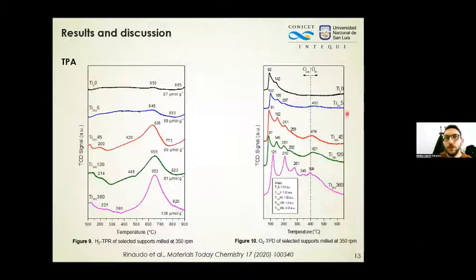We could observe an improved oxygen diffusion and mobility, which in our particular case could have a major role in oxidation reactions, because we need this mobility of the oxygen and a good reducibility to perform this redox cycle during the catalytic reaction.